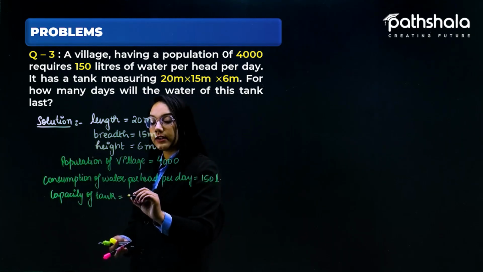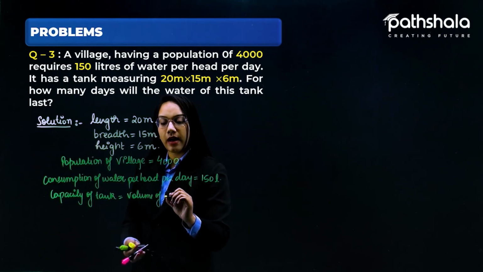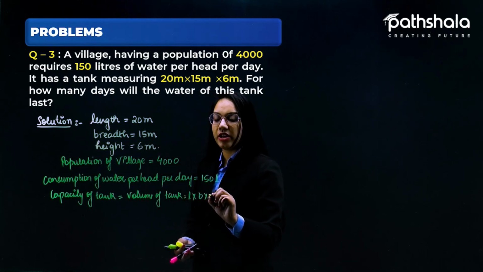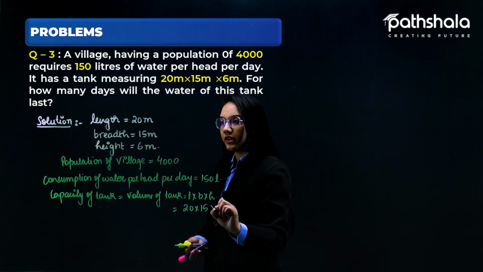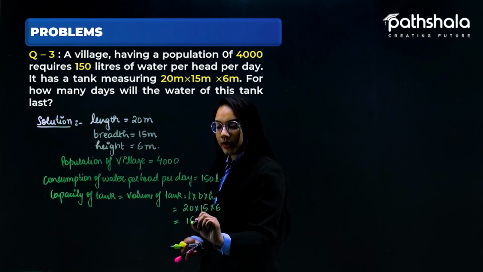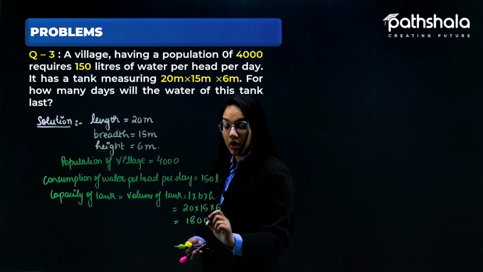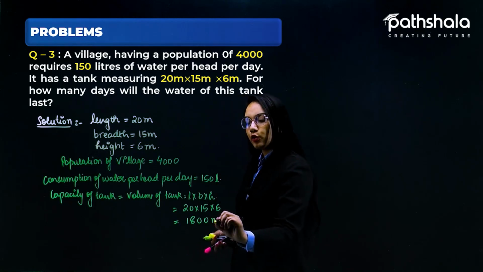So the capacity of the tank is equal to the volume of the tank, which is equal to L into B into H. So this would be 20 into 15 into 6, which is equal to 1800, and we have the units as meter cube over here.